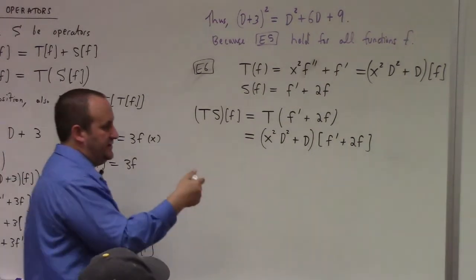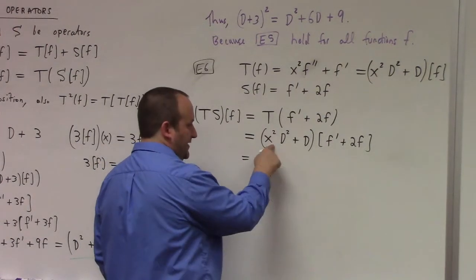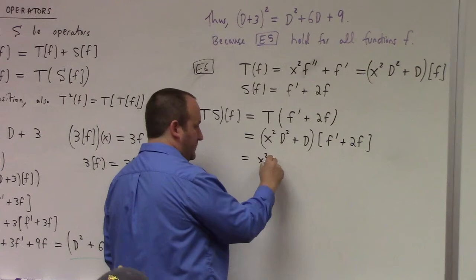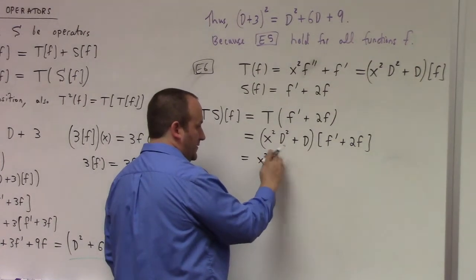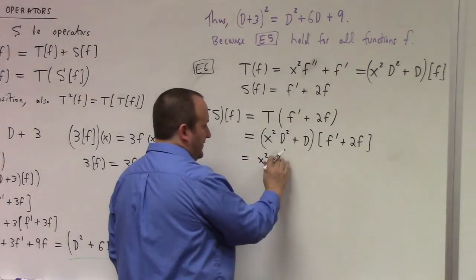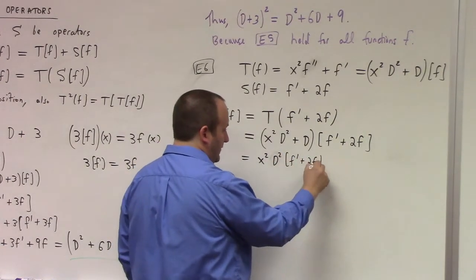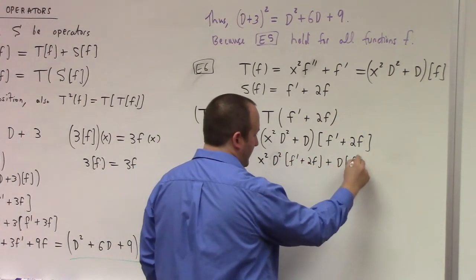Now this direction isn't especially exciting. The x squared d squared gives me x squared d squared of f prime plus 2f, plus d of f prime plus 2f.